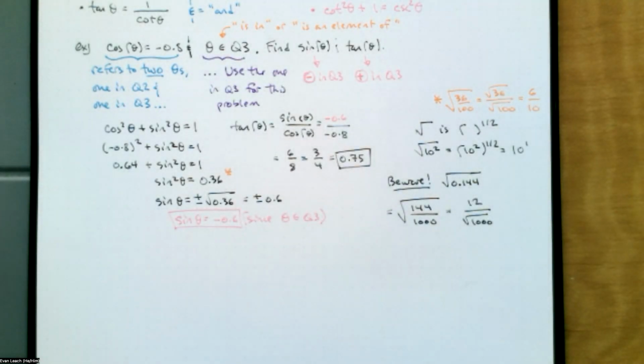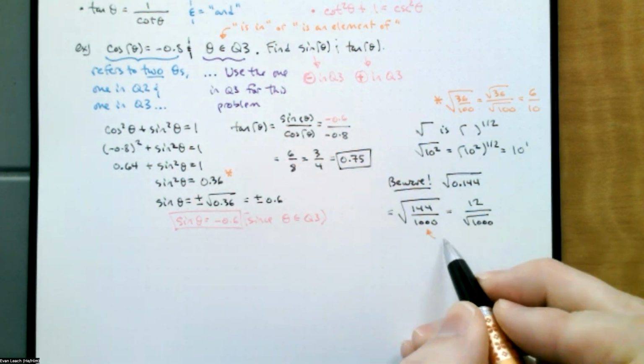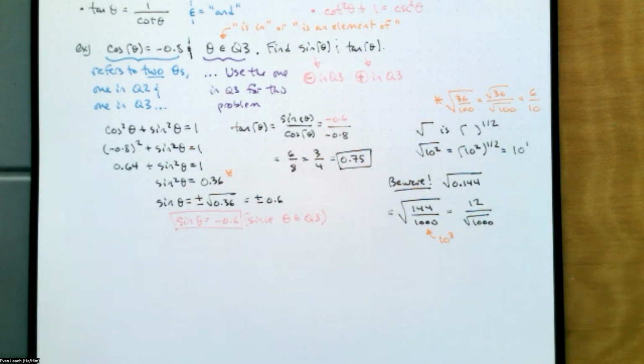Any questions? We got to be careful with our powers. And the reason that this doesn't work out is that 1,000 is 10 to the third power, not 10 to the second power. So what we're looking at with this square root of 1,000 is 10 to the 3/2 power.